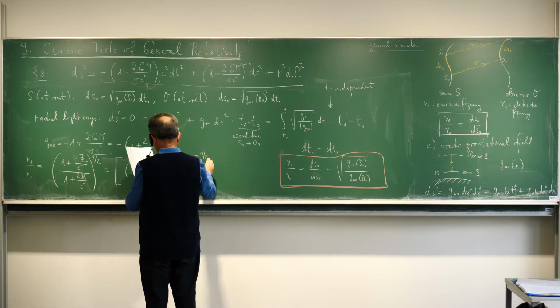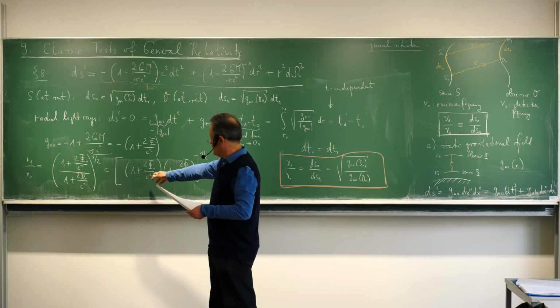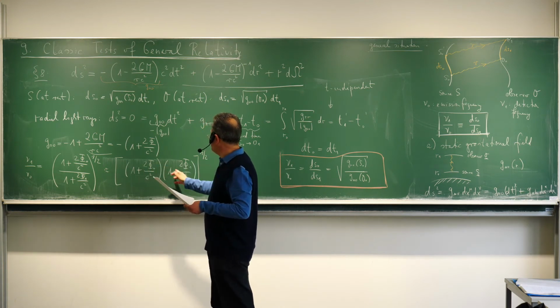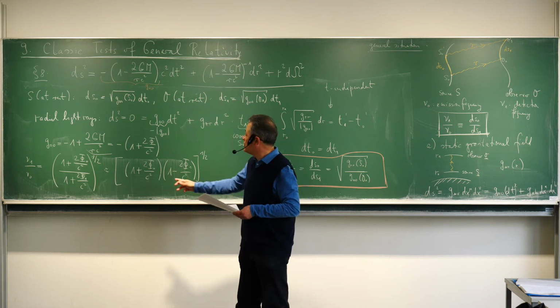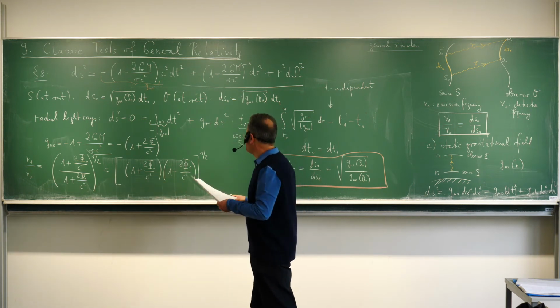Out of these 4 terms that you get, of course, the last one, this times this, is negligible because it's a small quantity squared.